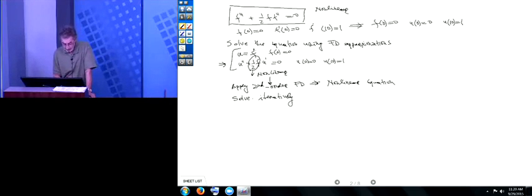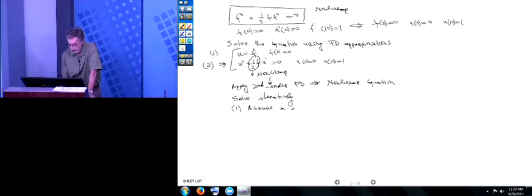So what you can do is the following. Let's call this equation 1, and this is equation 2. Assume a distribution for u as a function of eta.